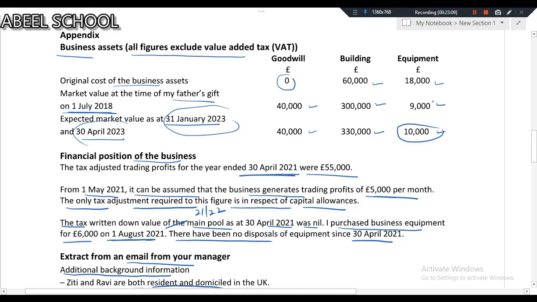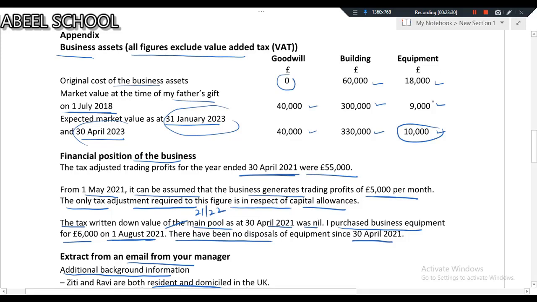A very important point. When I'm going to sell this equipment for market value 10,000, logically I will be having tax written down value 0. Because in the last accounting period, I bought the equipment for 6,000.